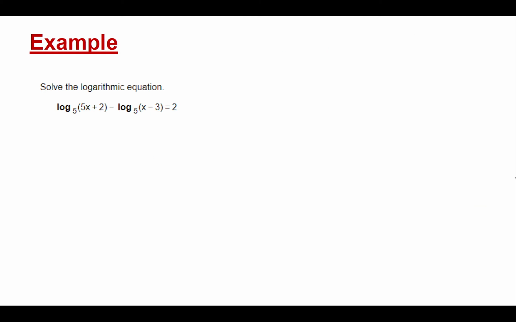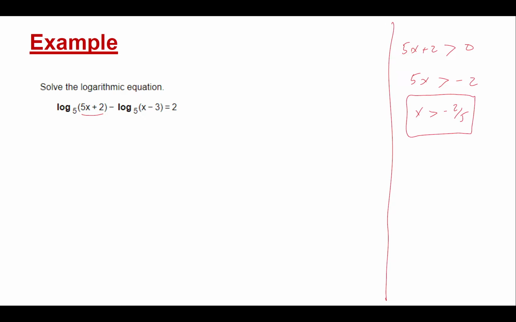Okay, one more problem. Using the log properties, first of all, on the left side there are two log functions, on the right side there is none. So first of all, try to combine the log functions, but before that, find the domain. For finding the domain, whatever you have inside the parenthesis, make it greater than 0. That gives you x greater than negative 2 over 5. From the second one, x has to be greater than 3.